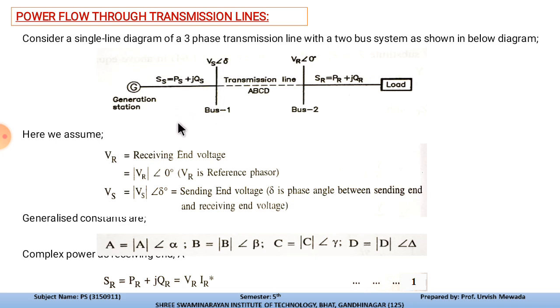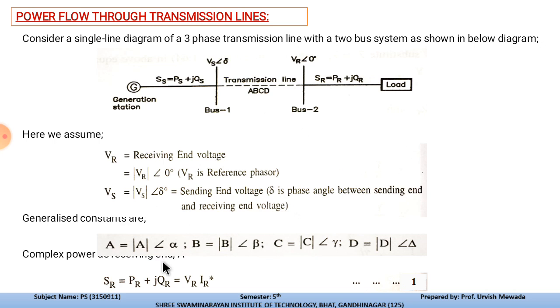The generalized ABCD constants for the transmission line are: A is at angle alpha, B is at angle beta, C is at angle gamma, and D is at angle delta.